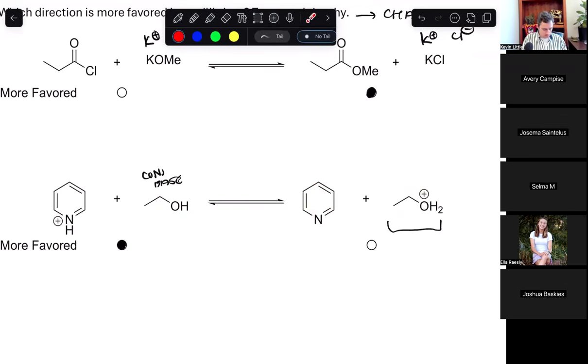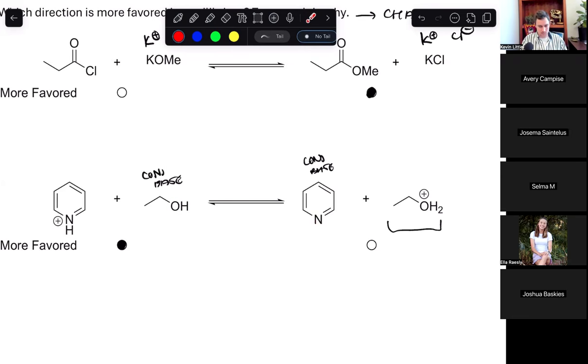This is neutral, which means it's more negative than the thing on the other side of it. So that's the conjugate base. Does that make sense? Does this help? Yes. So these are the conjugate bases. They're the most negative thing on either side of the picture. And so if I follow REO, this is the more stable conjugate base because it's electronegative.